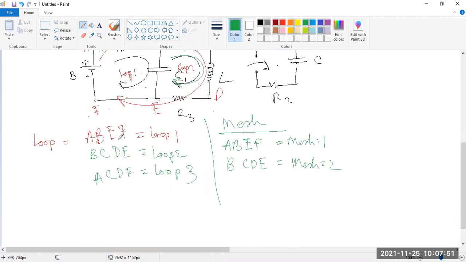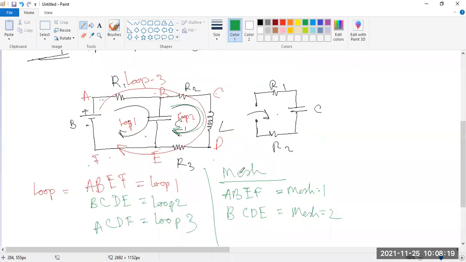So from this idea, A, B, E, F is loop 1, B, C, D, E is loop 2, and A, C, D, F is loop 3 also. But in case of mesh, A, B, E, F is mesh 1 because it is not divisible, no sub loops are there. And B, C, D, E is mesh 2. But you can't say A, C, D, F is mesh 3 because it is again divided.